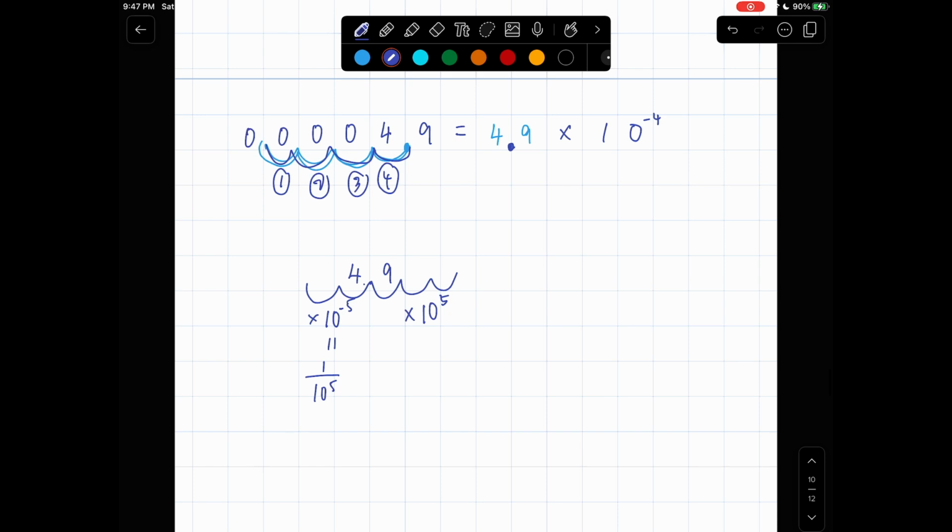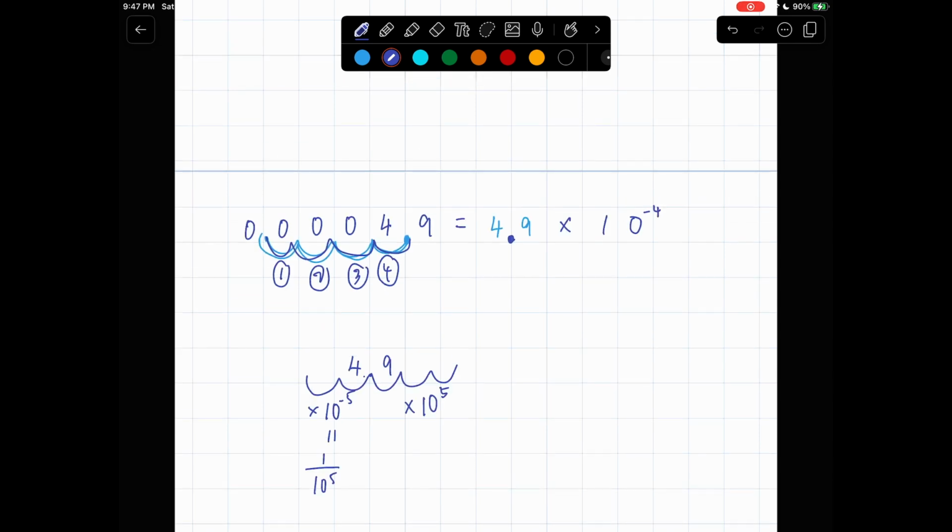It's important for you to understand this. So when we went from the decimal number to 4.9, we were reverse engineering this. Even though this is going backwards, we are actually asking how the decimal point moves from 4.9 to 0.00049. We are reverse engineering how it works.